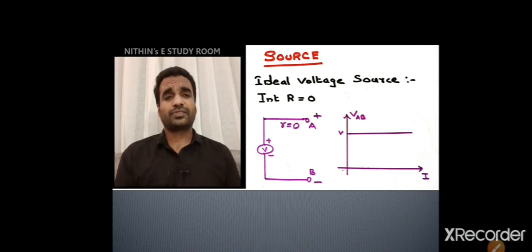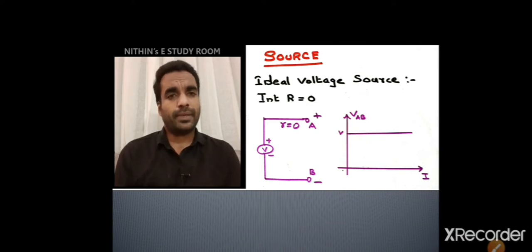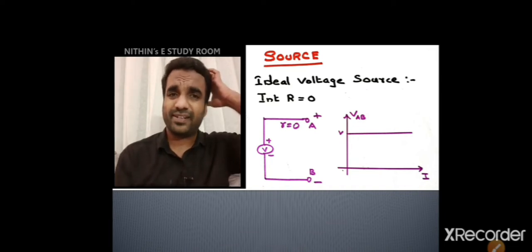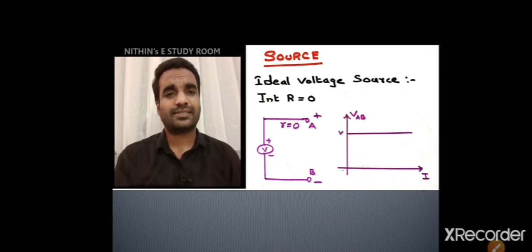So sources. First, we are discussing voltage source, and the slide shows the figure of an ideal voltage source. So first of all, what do we mean by a voltage source? A voltage source may be a generator or a battery. All those things are examples of a voltage source.